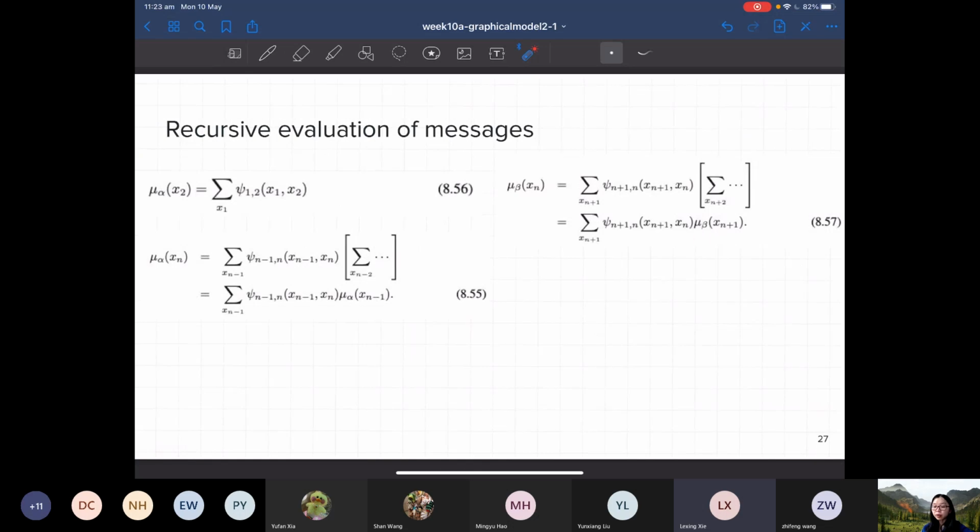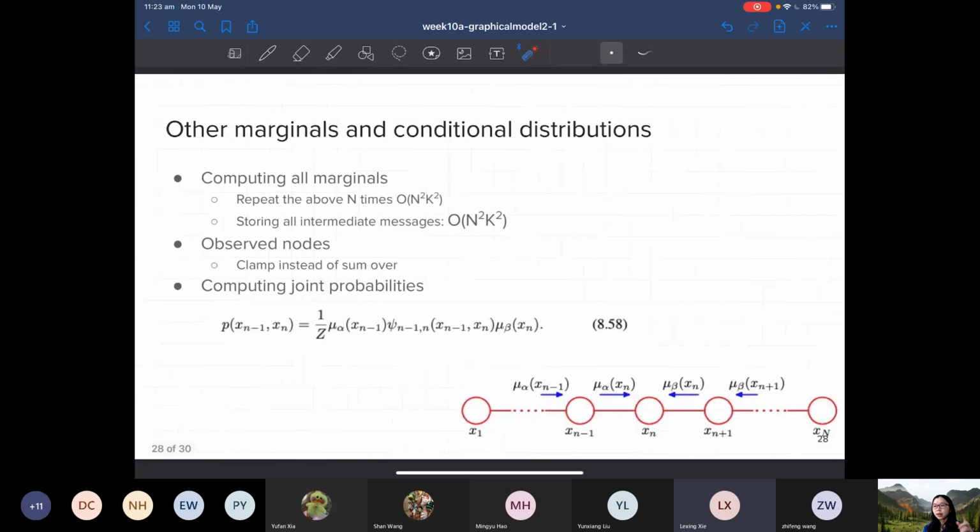In a chain, there is one of these messages mu of alpha for every node, and also one of these messages mu of beta for every single node. So we can just compute these two sets of messages for all nodes and store them. Then we can combine the corresponding pair of them to compute the marginals on all nodes.